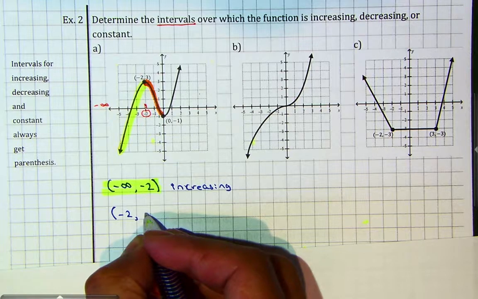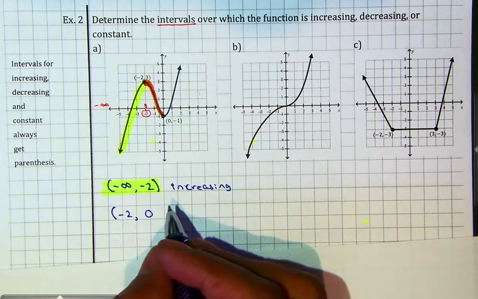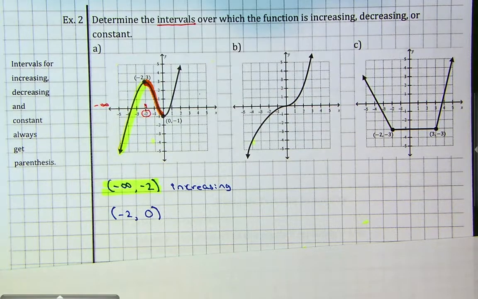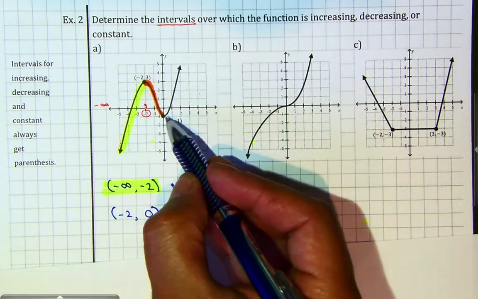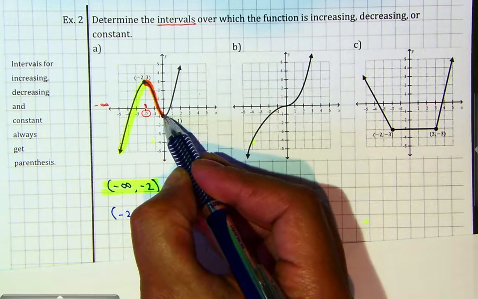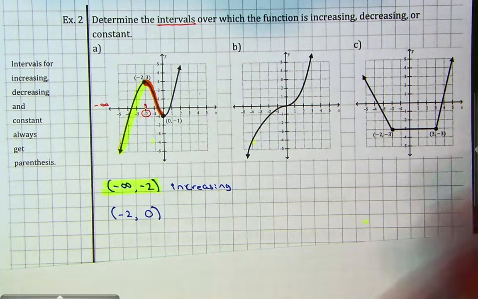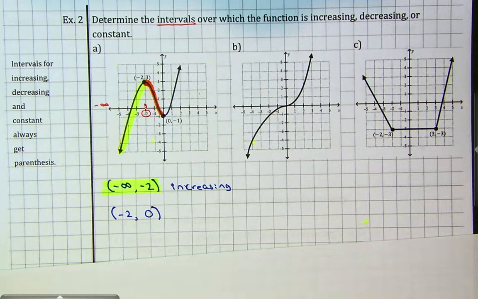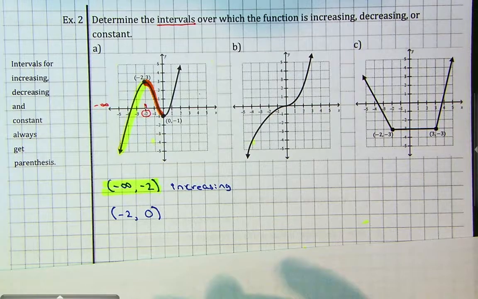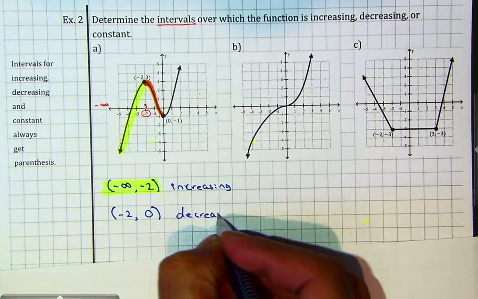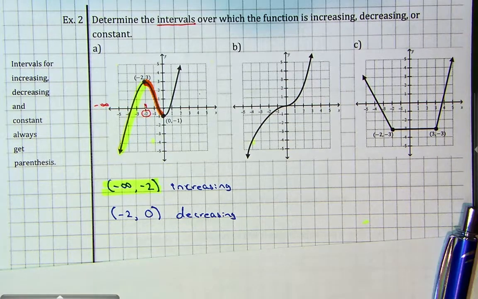And remember that whenever we're working with intervals, for increasing, decreasing is going to be always parentheses, because at this specific point it is neither increasing or decreasing, and you'll find more of that in calculus and as we go into the last chapter of this class. So that'll be decreasing, and that is this section here.